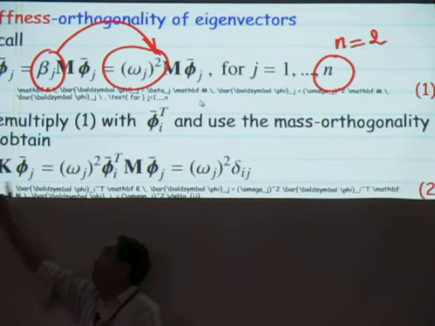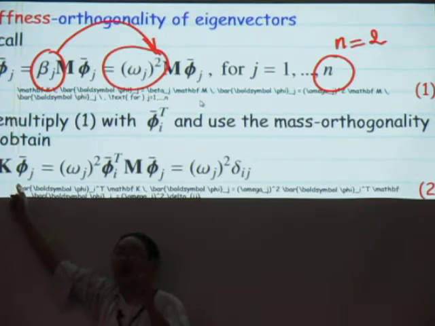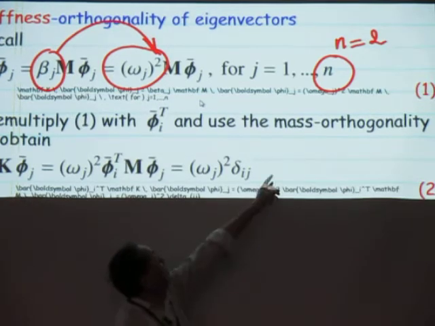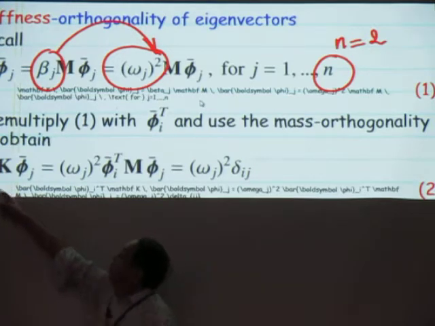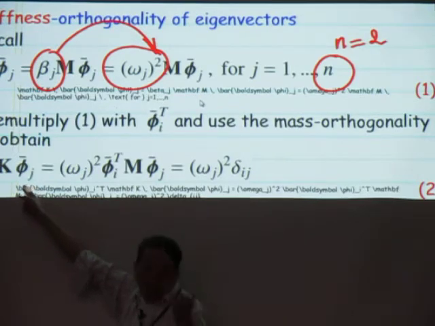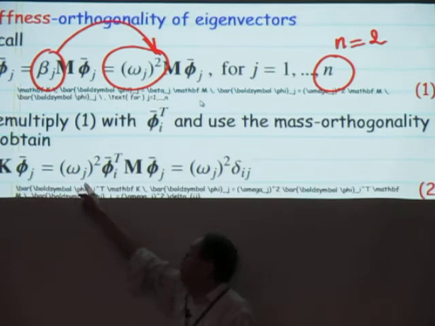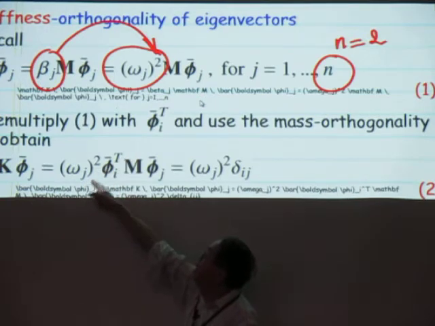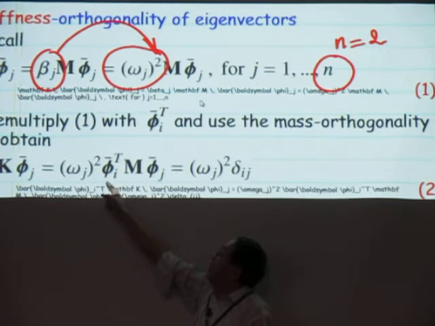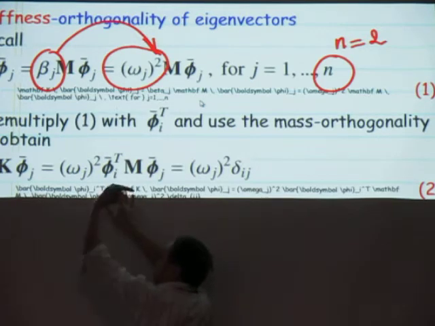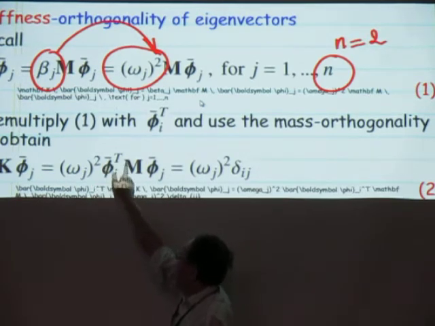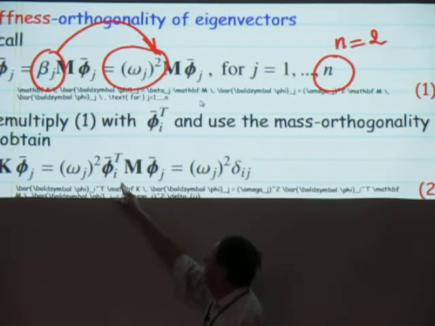So phi bar i transpose times the stiffness matrix times the normalized eigenvector phi bar j equals omega j square, because omega j square is beta j. On the right-hand side, you have mass times phi bar j, and then multiplied by phi bar i transpose in front. That's pre-multiply.